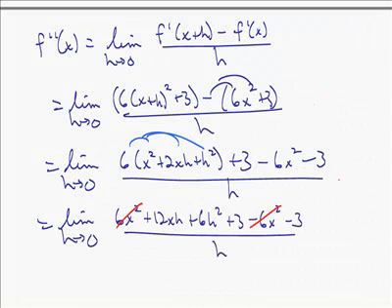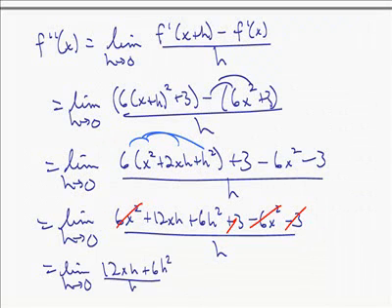We should lose all of our terms that don't have an h in them. Positive 6x squared, negative 6x squared, positive 3, negative 3. And so we're left with then the limit as h approaches 0 of 12xh plus 6h squared, all divided by h. Now if we divide both of these terms here by h, we get 12x plus 6h.